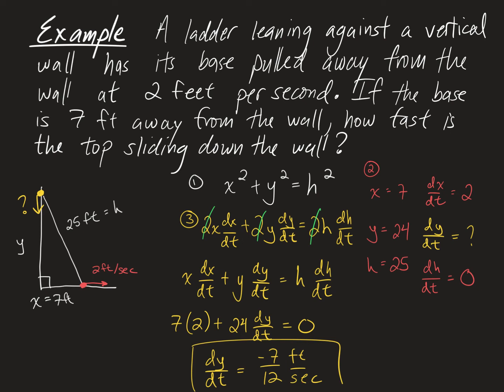And this is the first example in this video of a negative rate. Does this even make sense? Well, going back to what I said about this distance increasing, so this rate is positive. This distance, as the ladder slides down the wall, is decreasing. That means this rate will be negative.